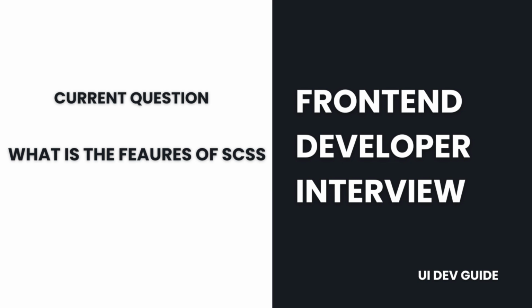So with Angular, what type of CSS extension are you using? SCSS, I have used. Okay. So what is SCSS? I don't know the full form. No, no, I'm asking about features, not the full form. Okay.